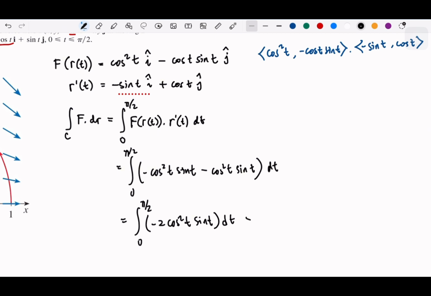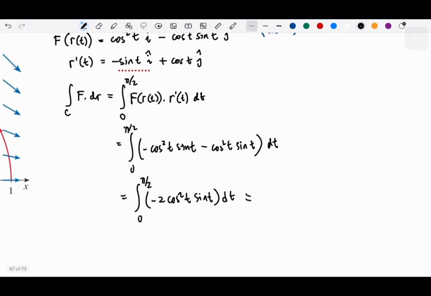And then basically you can use the substitution method, and then you get that this will be 2 cosine cubed t over 3. This will be from 0 to pi over 2, which, it will be cosine 0.